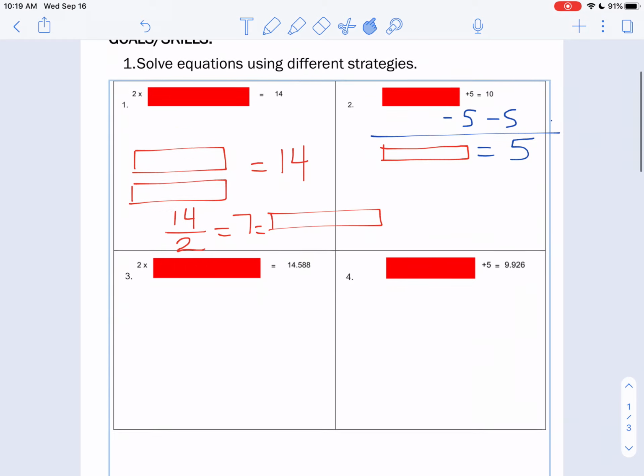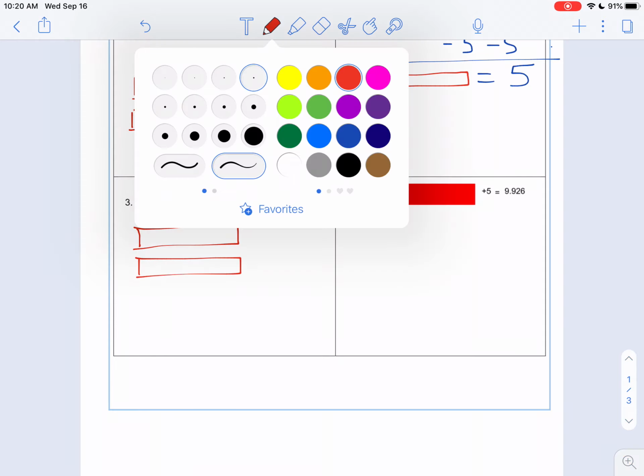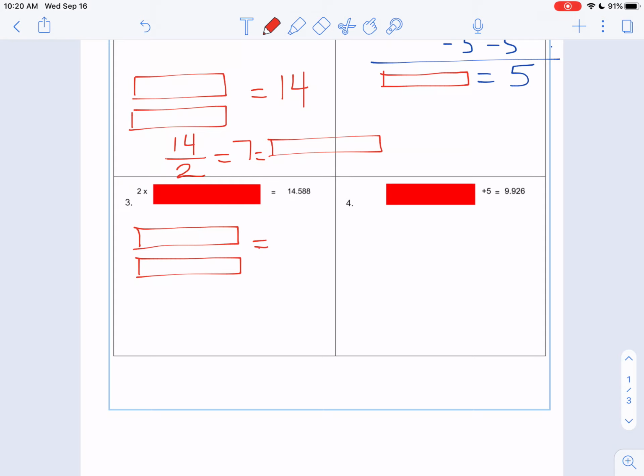Let's see if we can use that same strategy for 3 and 4. So I have 2 bars, and their total length for both bars has to be 14.588. So the length of 1 bar then is going to be 14.588 divided by 2.